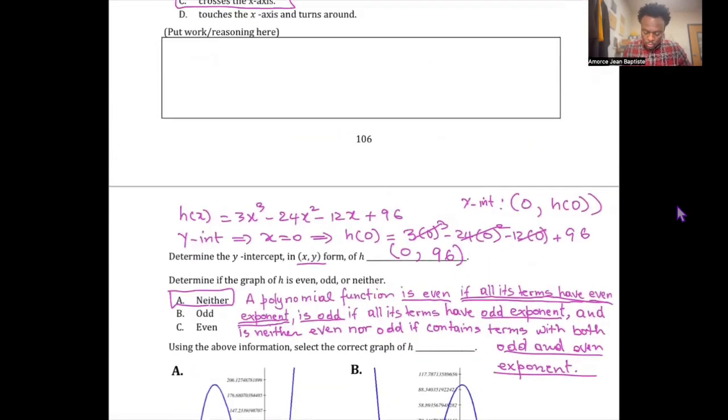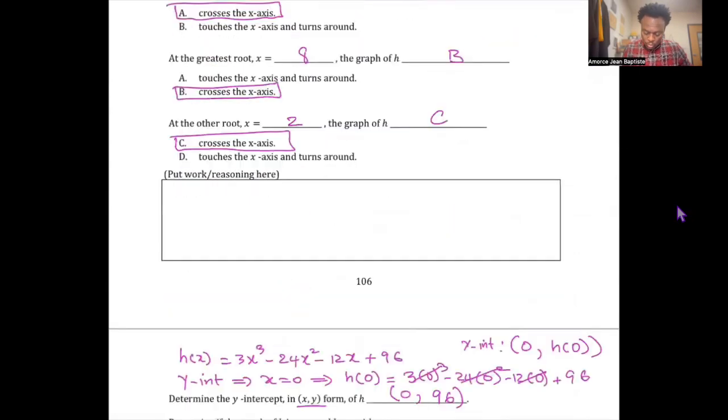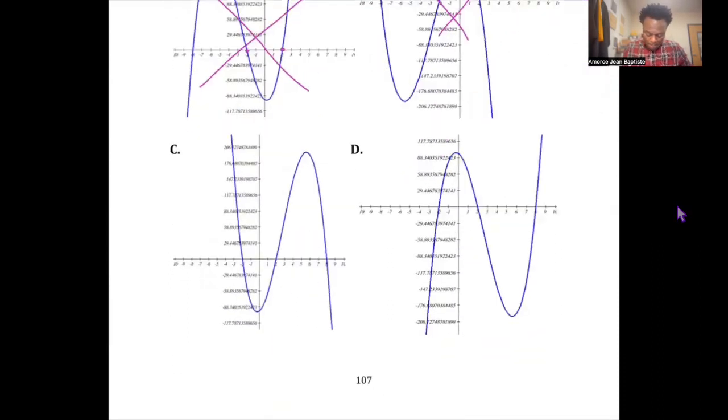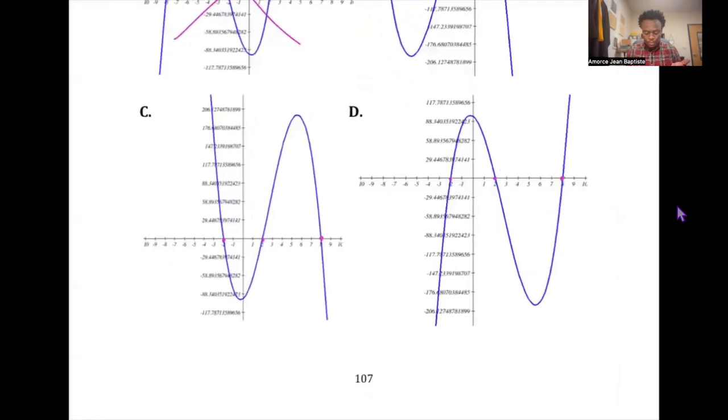Well, it can't be this one. This one is not, because this is -8. We need -2, 2, and 8. It's either one of these two. It's either C or D.